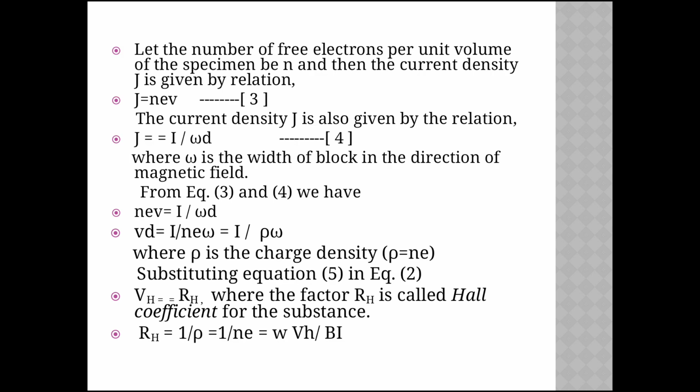Let the number of free electrons per unit volume of the specimen be n, and then the current density J is given by the relation J equal to nev. The current density J is also given by the relation J equal to I divided by wd, where w is the width of the block in the direction of the magnetic field.